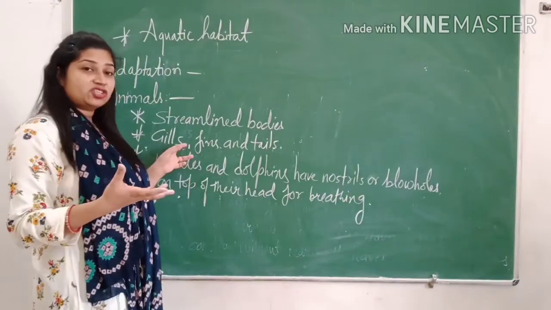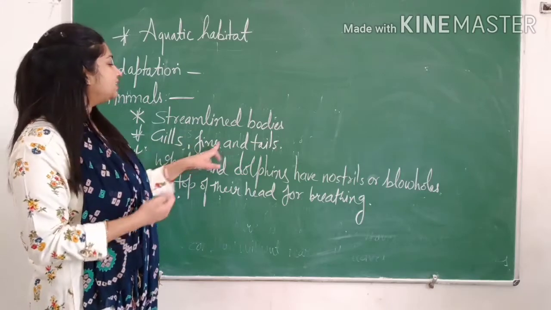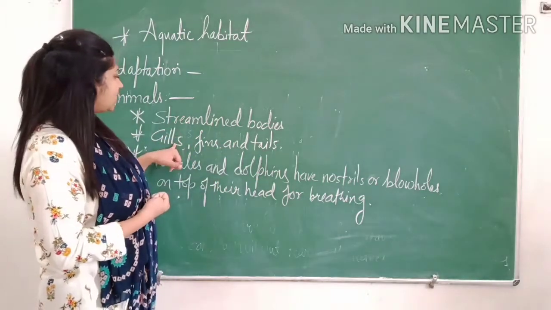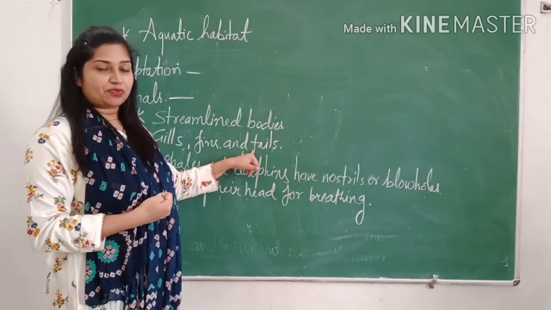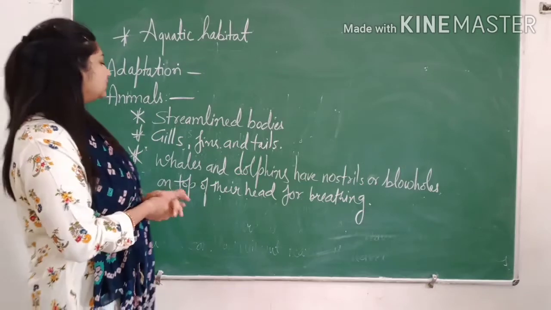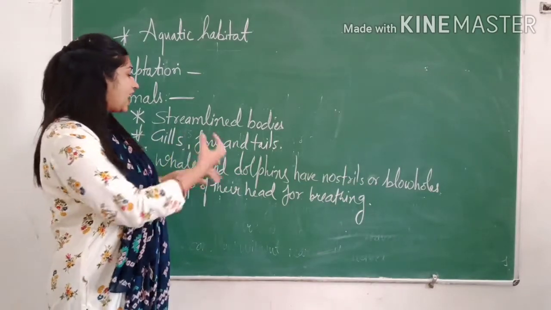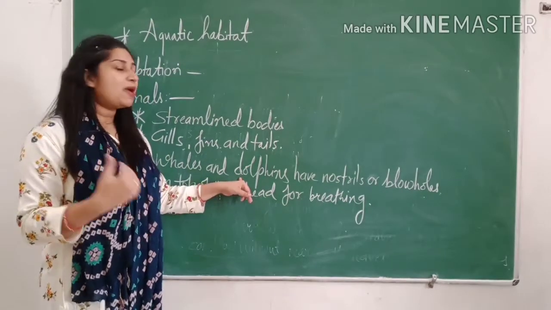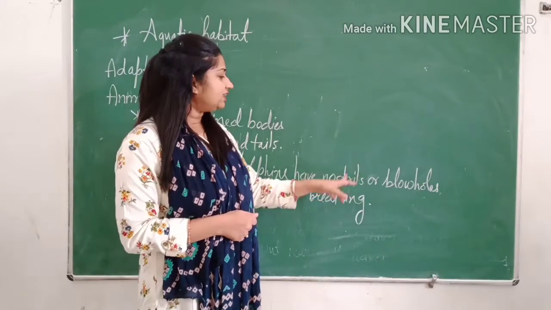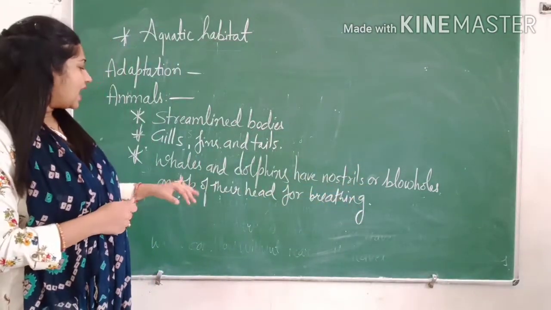Secondly, in fishes, gills, fins and tails are there, which help them to breathe and to swim easily within the water. Next, in some animals like whales and dolphins, which are mammals, they have nostrils, or these nostrils are called blowholes, which are present on the top of their head.